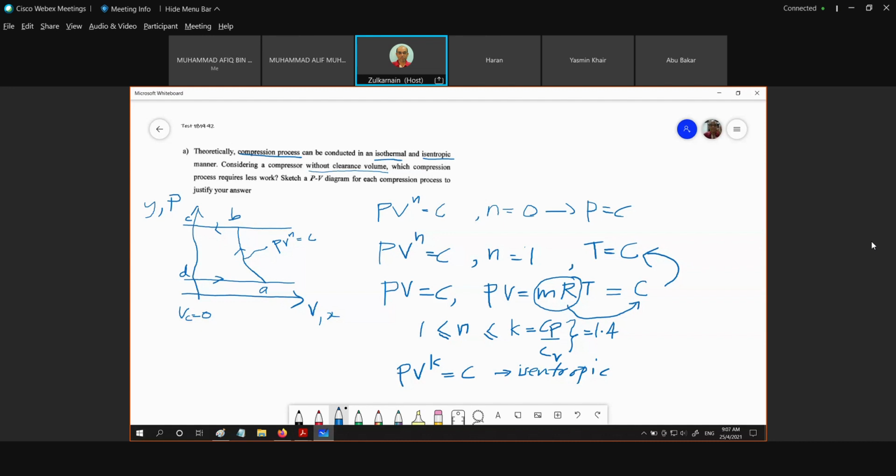Bila saya nak lukiskan n equal to 1, so the end of compression process should be to the left of B or to the right of B? To the right of B. Oh, tak boleh. To the right tak boleh. Habis kalau itu to the right of B, and then yang n equal to K, saya nak buat kat mana?